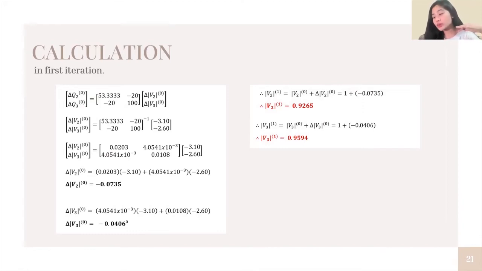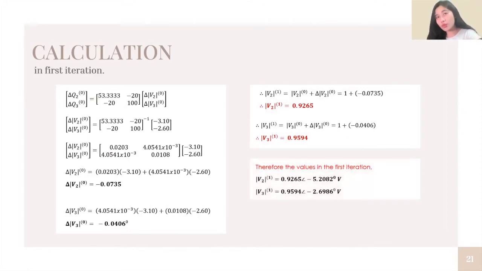So, we are going to come up with an answer of 0.9265 for our V2, and for V3 is 0.9594. And therefore, the values sa ating first iteration, V2 natin is 0.9265 at an angle of negative 5.2082 degrees, and for V3 is 0.9594 at an angle of negative 2.6986 degrees.